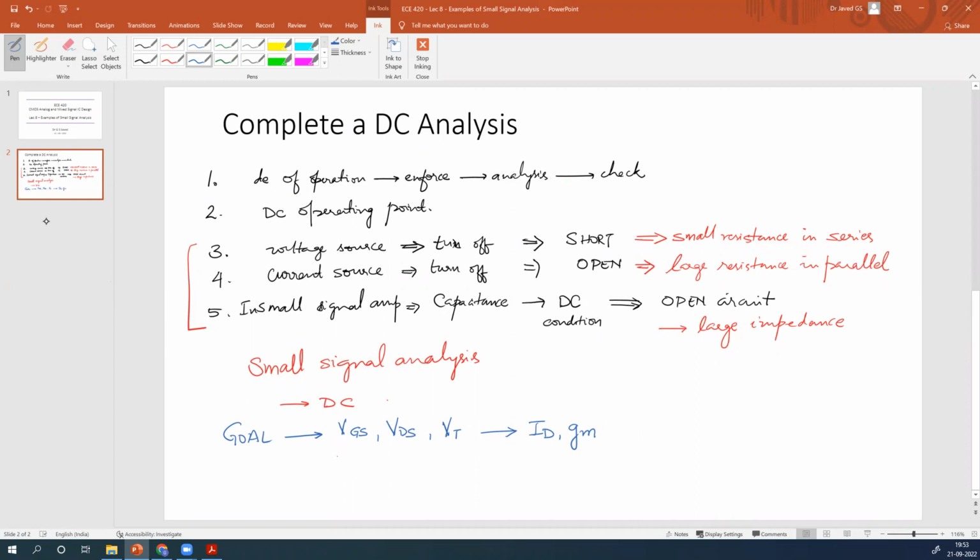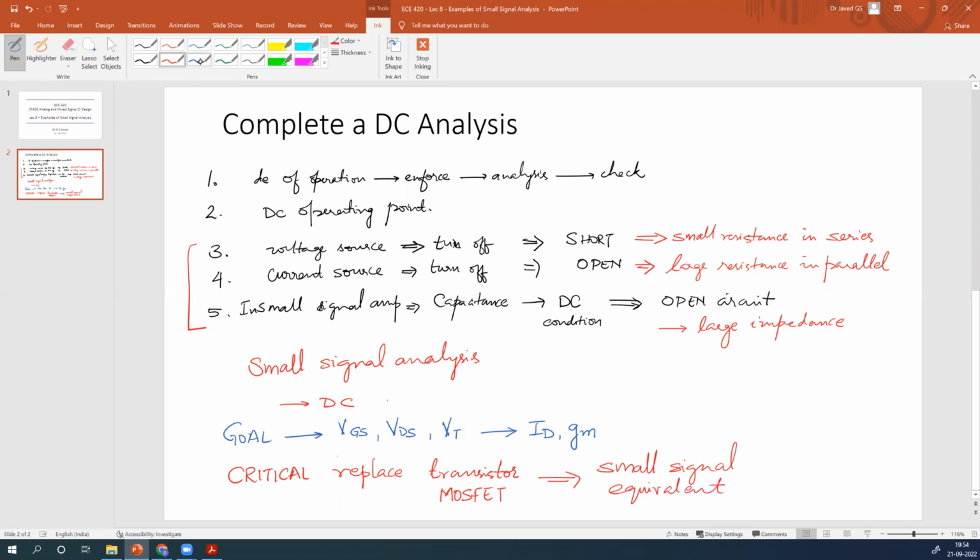Next is a critical step. What is this critical step? You will replace a transistor or a MOSFET with its small signal equivalent.